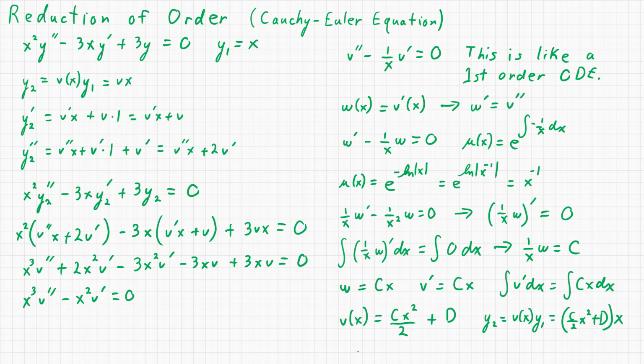If we multiply that out, it ends up being c over 2 x cubed plus dx. And so the new unique thing we're going to pop out of there is that x cubed term. So we're going to choose, I'll put it up here, I ran out of room, that y2 is the function x cubed, and that's the second homogeneous solution.